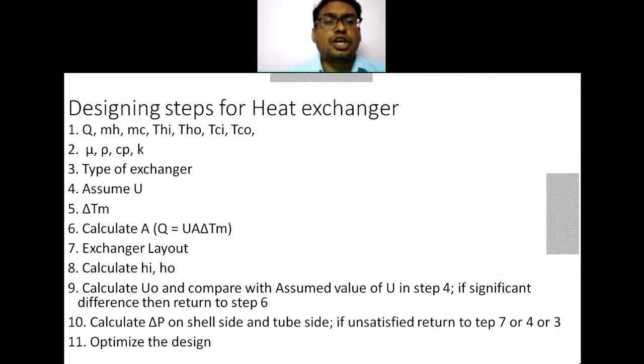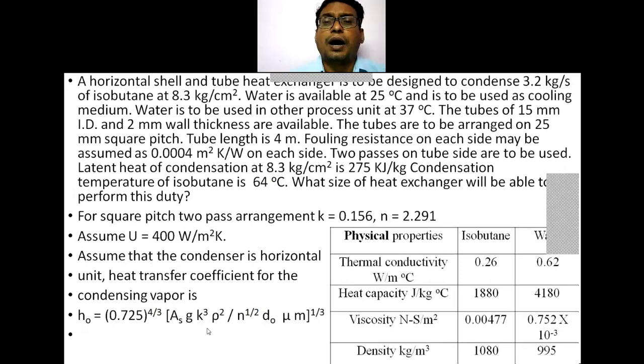We will first consider the Q, heat load, the mass flow rate for the hot fluid, and the mass flow rate for the cold fluid. The mass flow rate mentioned for the condensing vapor is 3.2 kg per second. Water flow rate is not mentioned, so that can be calculated. Its condensation temperature is mentioned as 64 degrees Celsius, and water temperature is from 25 to 37 degrees Celsius.